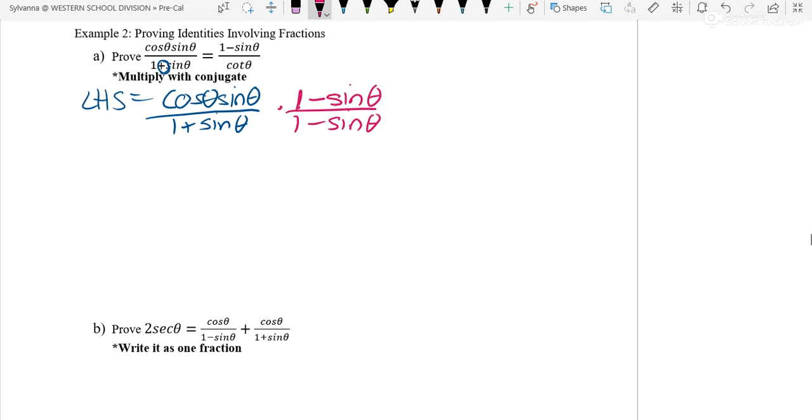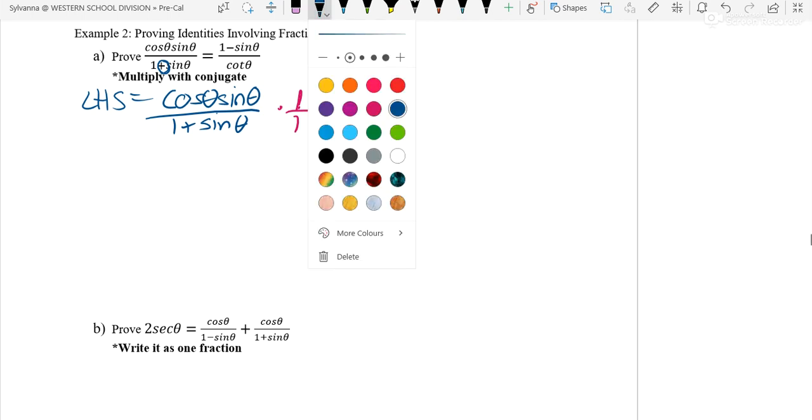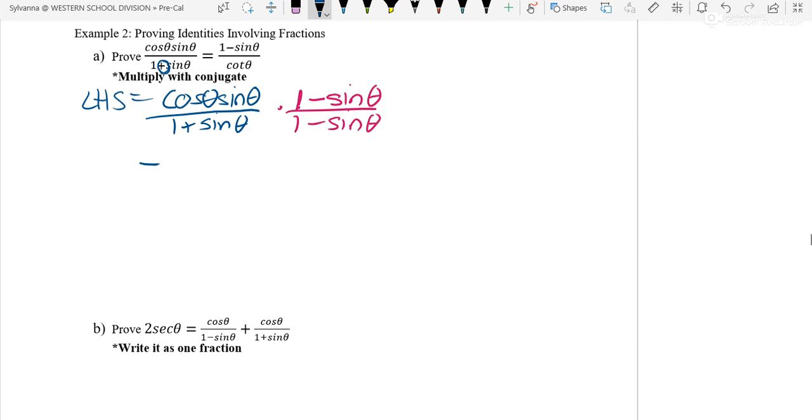So that's the conjugate. We just took what was in the denominator, and instead of adding, we're going to subtract them. So I'm going to put this under one common denominator now by multiplying the top and bottom.